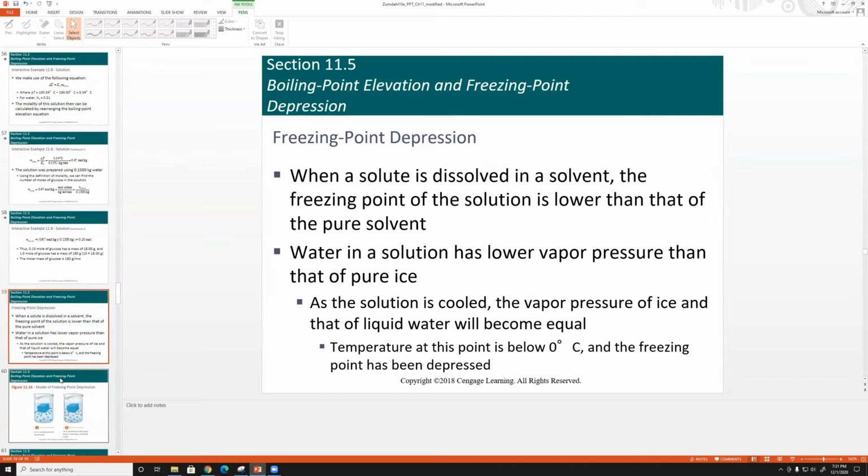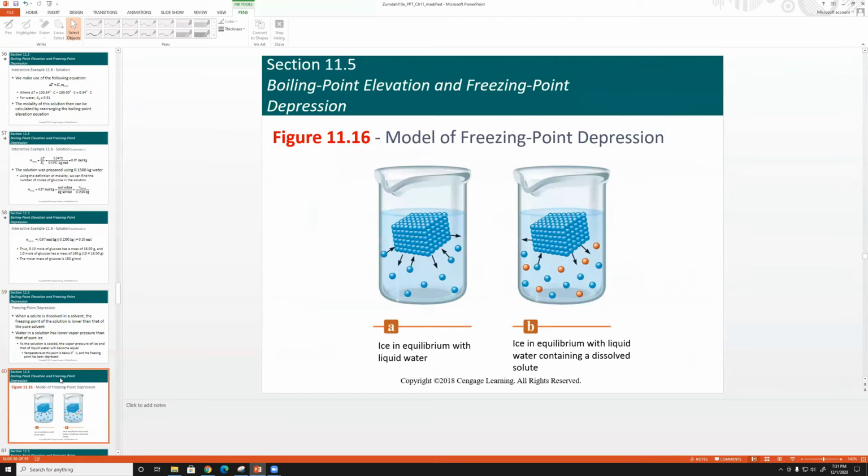Okay. All right, the next one's freezing point depression. It works identically, the same exact way. Here's how it works. You have ice. The freezing point of ice is going to be 0. Once it goes above 0, it becomes liquid water. But if you have ice in equilibrium with a liquid containing a solute, the freezing point is now lower.